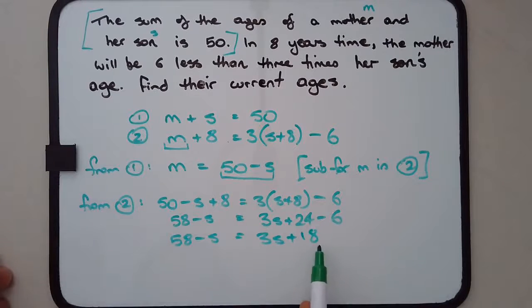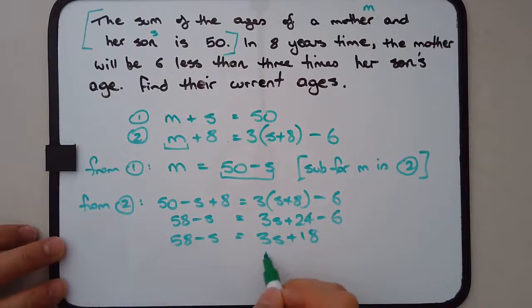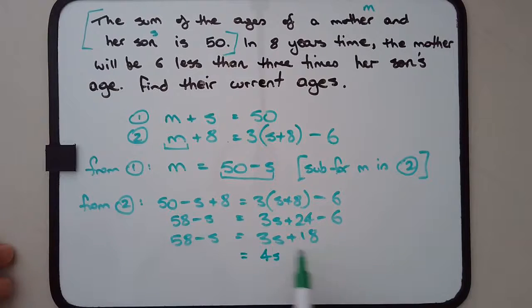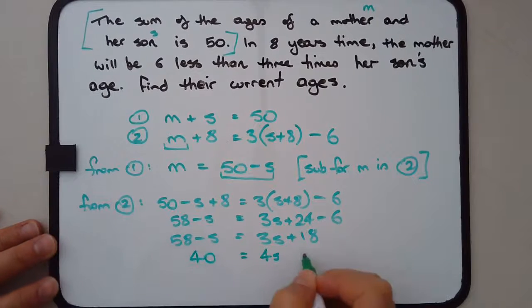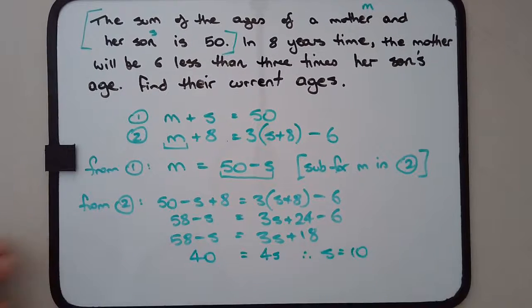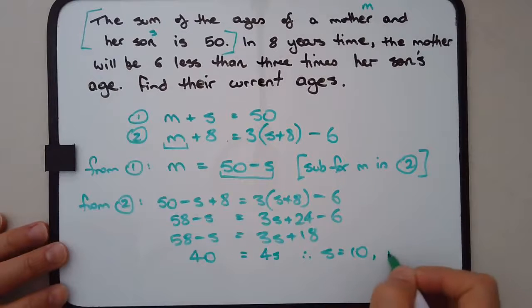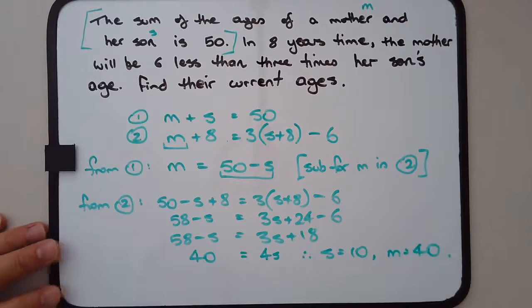Let's put the S's on the right hand side just to keep it positive. Let's add S to both sides, so it becomes 4S here. And we'll move the positive 18 over to the other side. So on the left hand side, we'll subtract 18 from 58, and that'll become 40. Therefore, the son is 10 years old. So if the son is 10 years old, the mother is 40. And that's it.